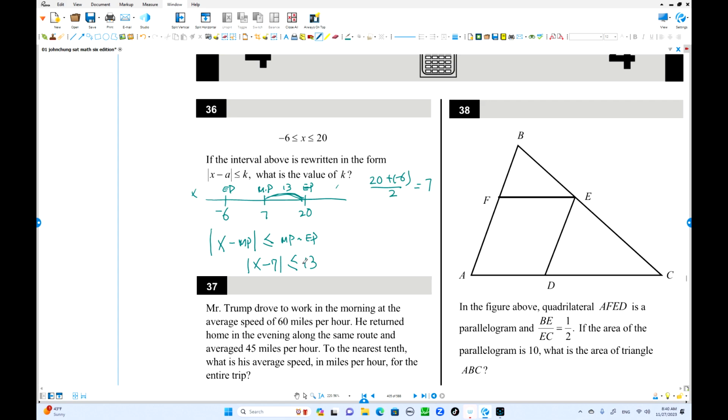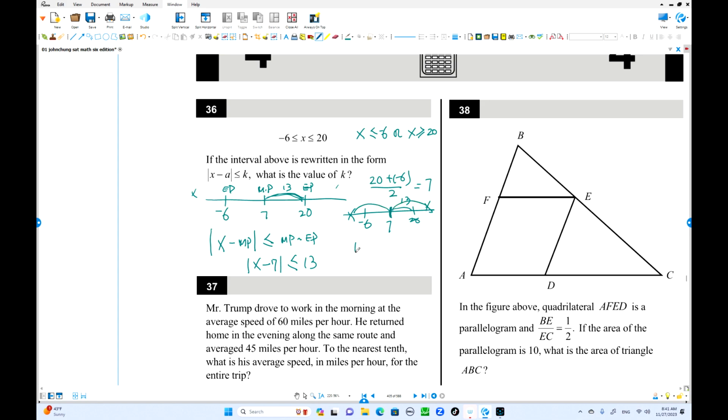That's the answer, okay? If we have this one, x is less than negative 6 or x is greater than 20. Okay, still this is negative 6, 20. Still this midpoint 7, and the endpoint is the same as this one, but x is outside of here.